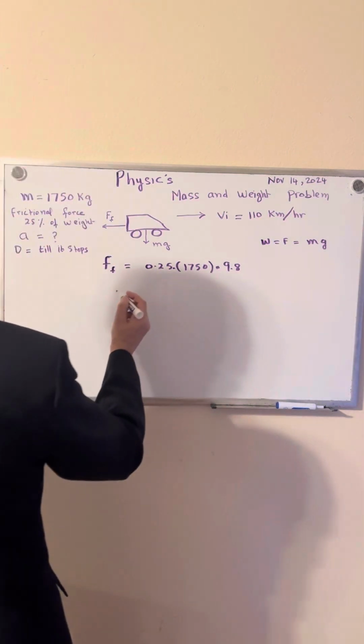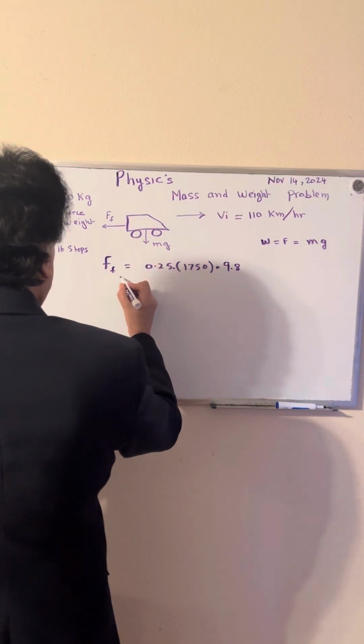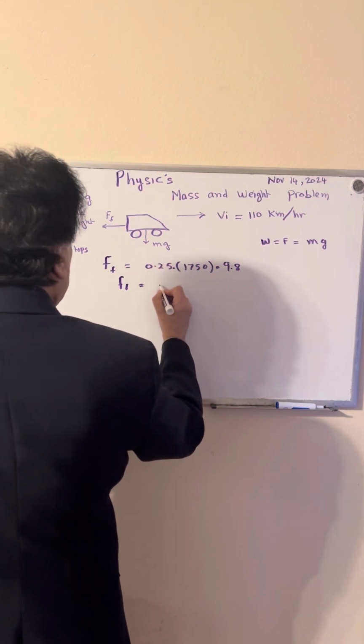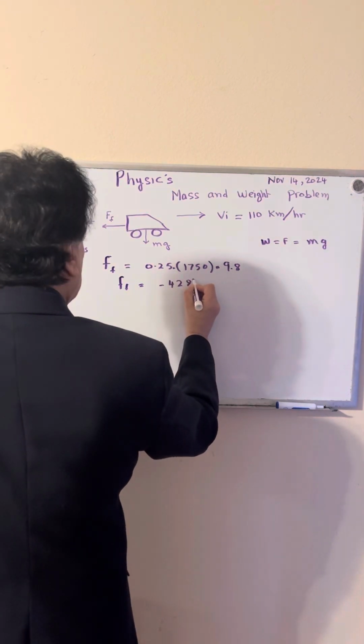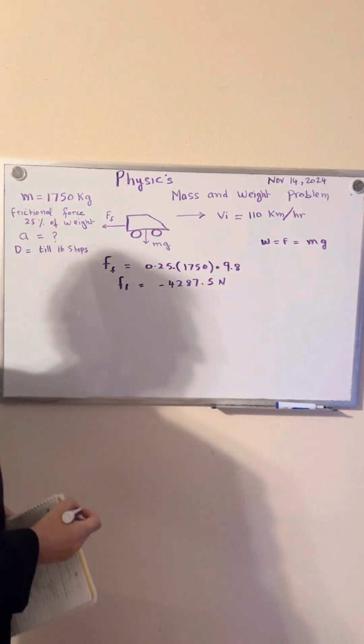Once you solve this, what you will notice is that this frictional force is equal to negative 4287.5 newtons. Now, why is this negative sign?